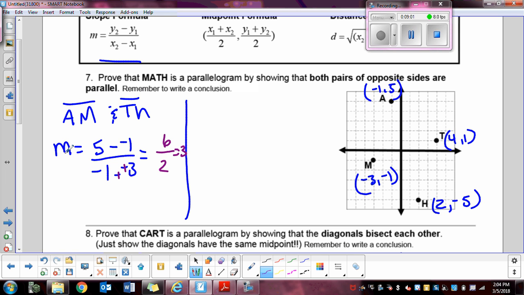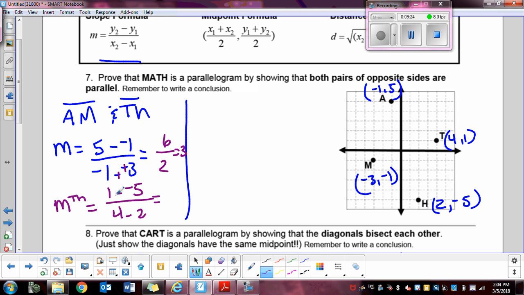Now we've got to find the slope between T and H. We're going to do the same thing. My slope is of T, my y value is 1, minus my y value is -5, over my x value is 4, minus my x value is 2.